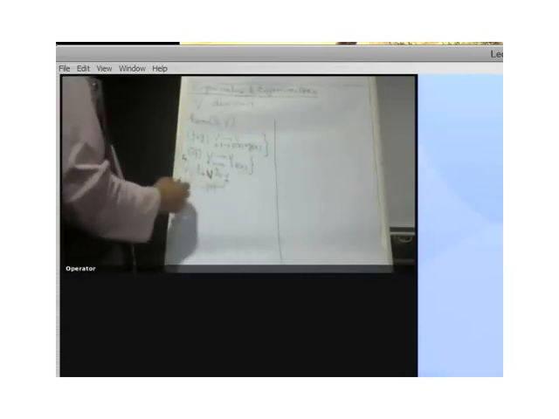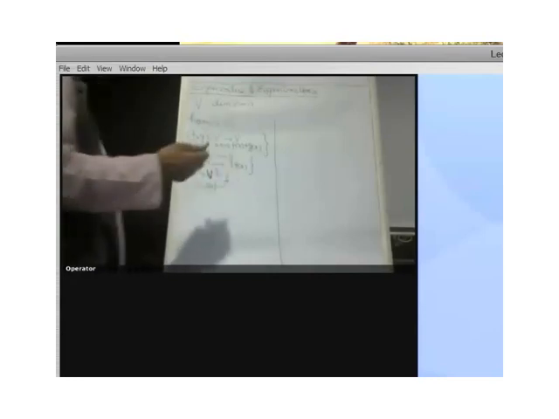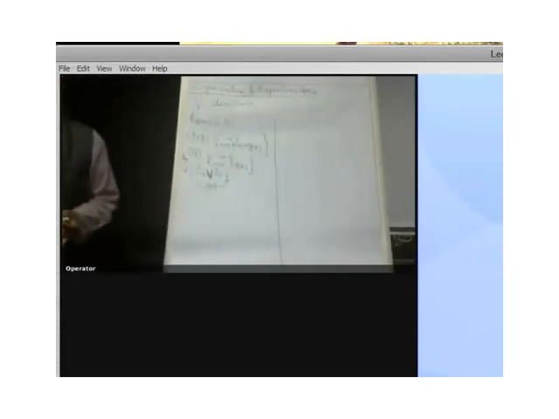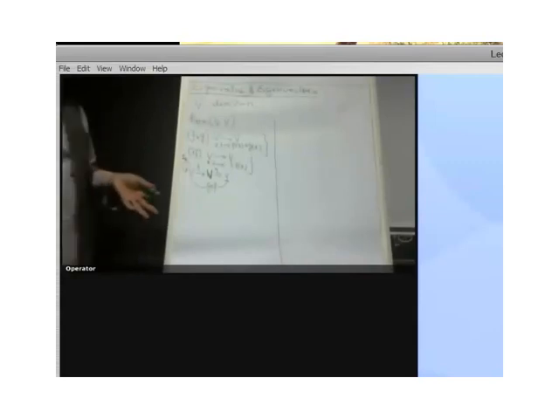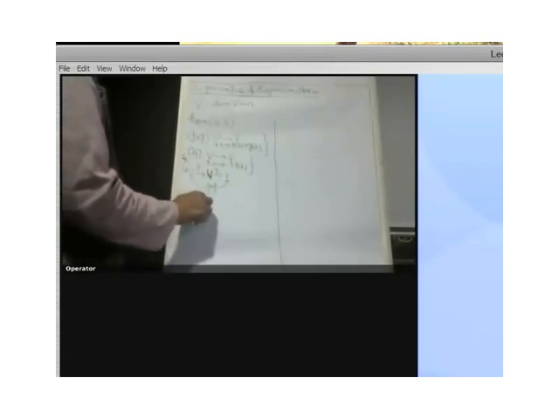I take a pair, F and G, and I can think of the composite as some kind of a product, some kind of a multiplication. How good is it? Well, it is associative.